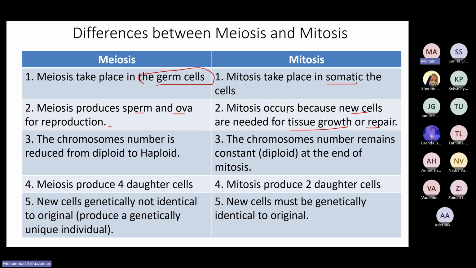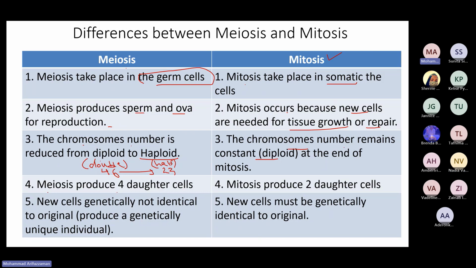In meiosis, the chromosome number is reduced from diploid to haploid. Diploid means double, like 46 chromosomes. Haploid means half, so the chromosome number changes to 23. But the chromosome number remains constant, diploid, at the end of mitosis.